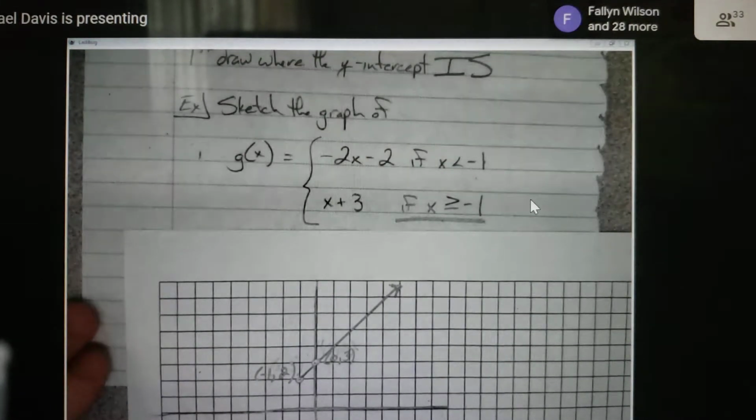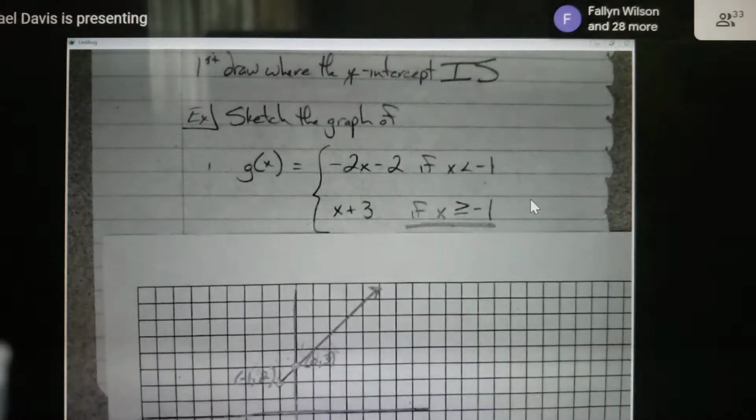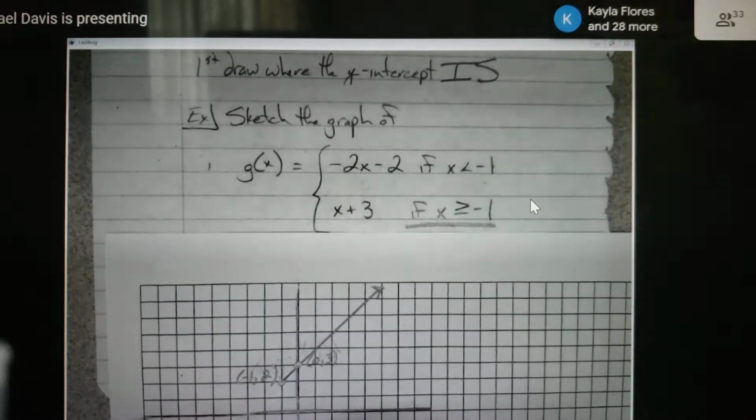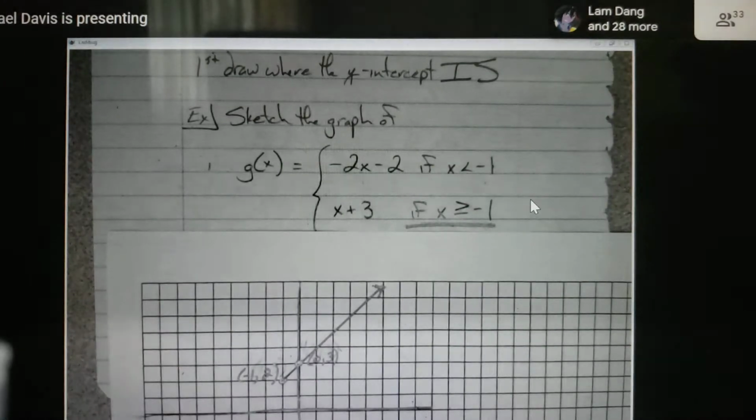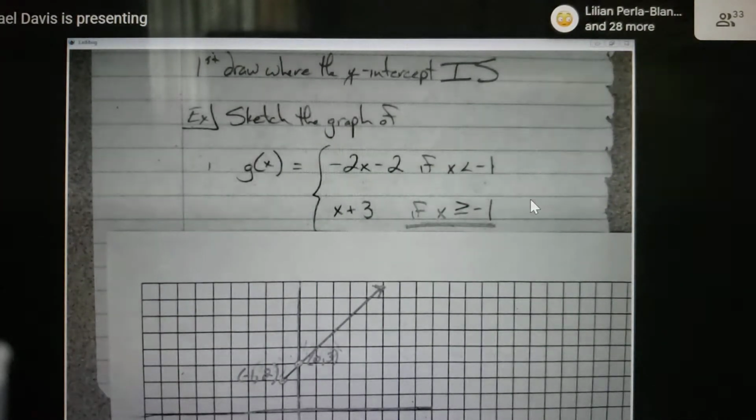Now I'm still going to start at the y-intercept for the top expression, but instead of plotting an ordered pair at 0, negative 2, I'm instead going to plot what? An open circle. I've got a slope of negative 2.